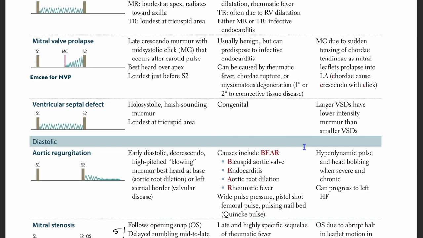Then you also have slow and rising carotid pulse in this. You have mid-systolic murmur, fragmentation of the elastic lamella in the aortic media. Okay, that's just the pathogenesis. So if you want to remember that, it's fragmentation of the elastic lamella in the aortic media.